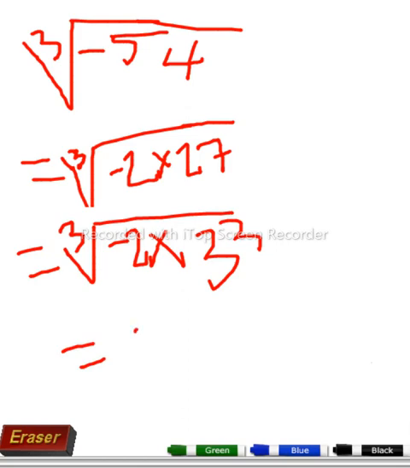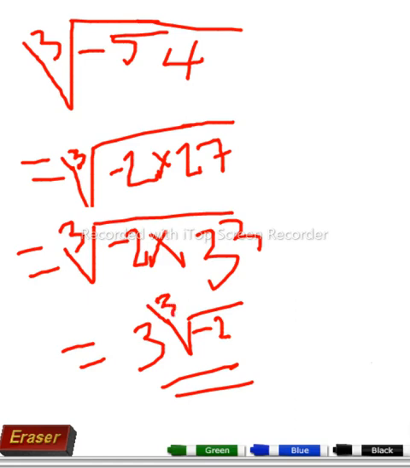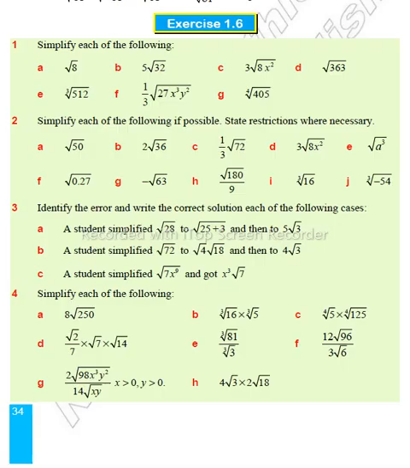So we can take this 3 out of the cube root and leave 2 as it is, because it does not come out of the cube root. So we already have the 3 outside. This is the final answer for question number 2, or letter J.